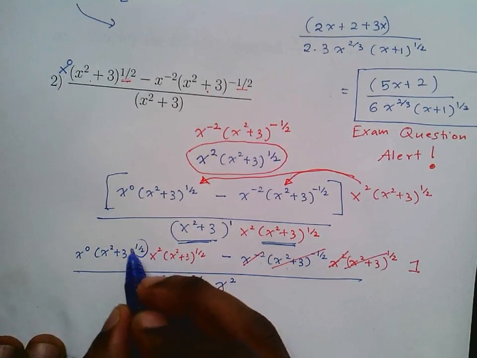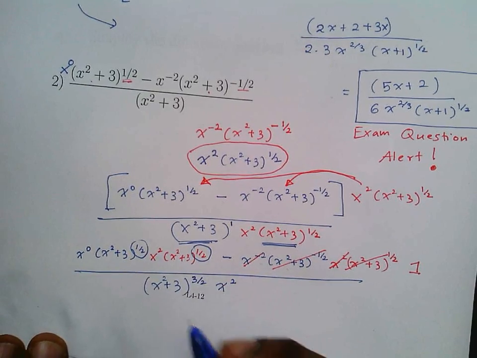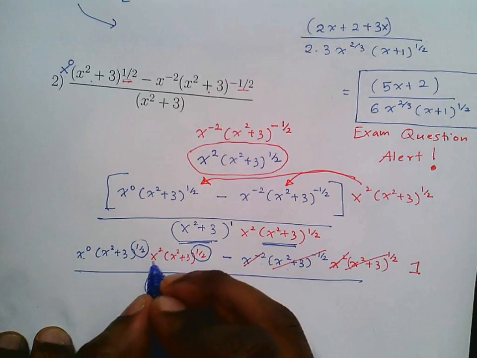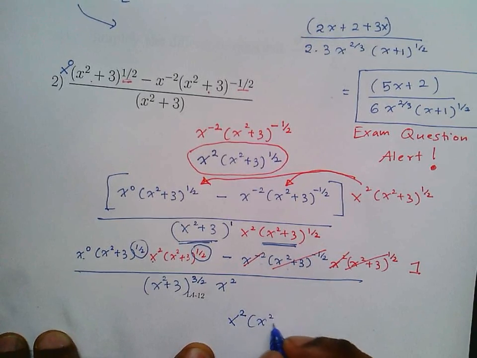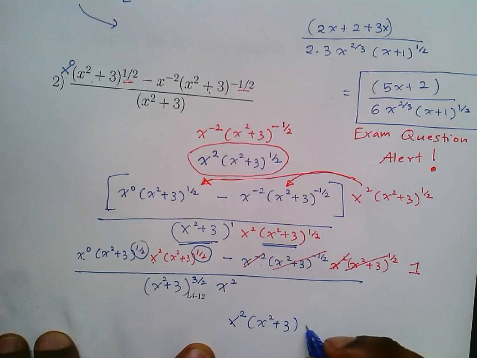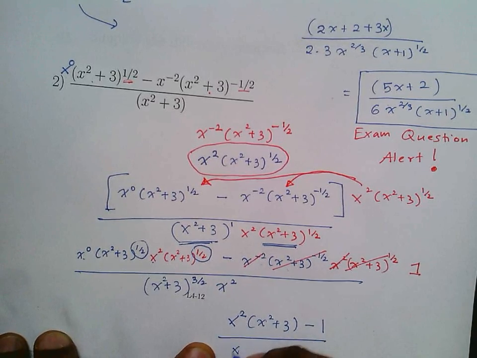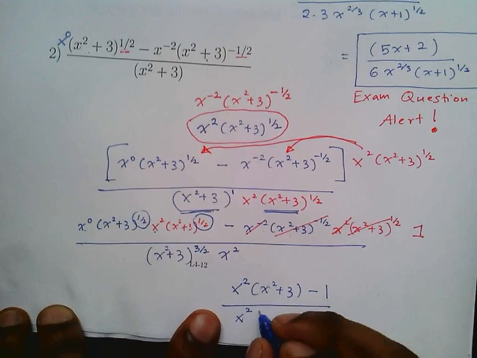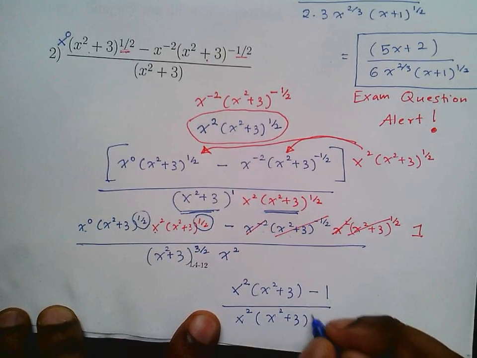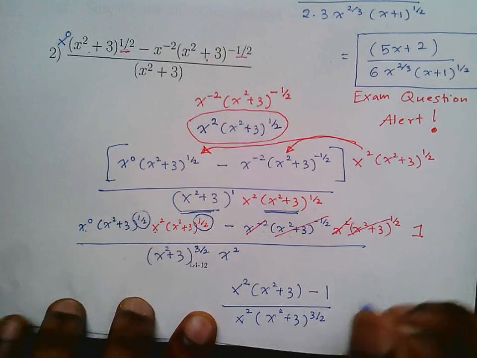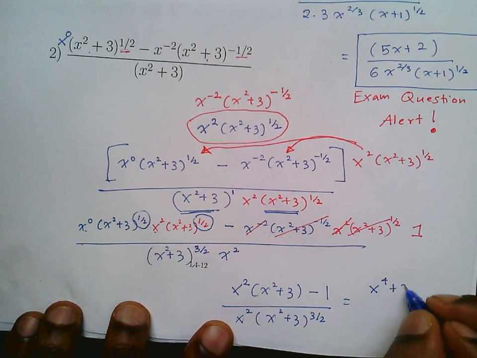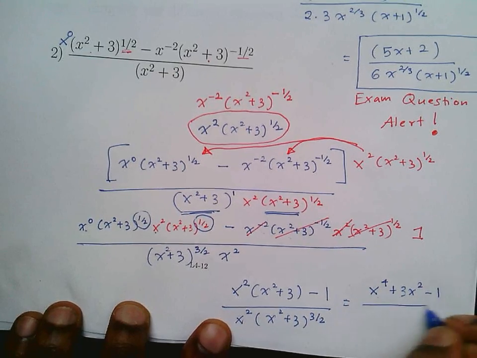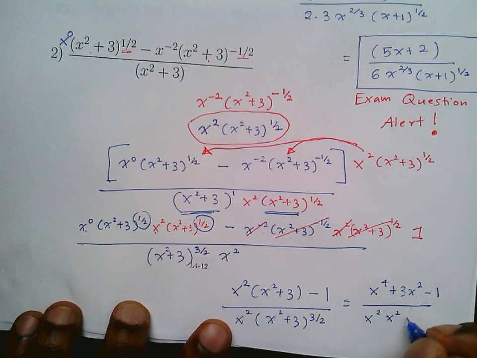And then plus 1/2 plus 1/2, that's 1. And then 0 plus 2 is 2. So you have x squared plus 3 minus 1 over x squared plus 3 to the power 3/2. And then you can actually simplify this a little more. X to the power 4 plus 3x squared minus 1 all over x squared plus 3 to the power 3/2.